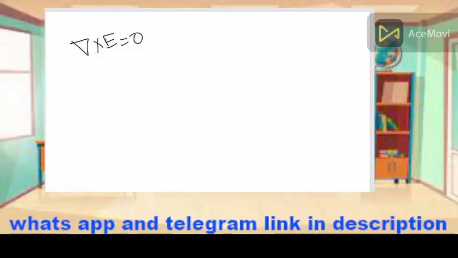Now we are going to exploit this mathematical property of electric field to reduce a vector problem to a simpler problem. Vector quantities are a bit complicated because we have to consider the direction also.